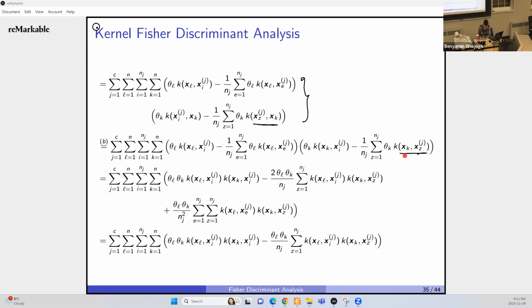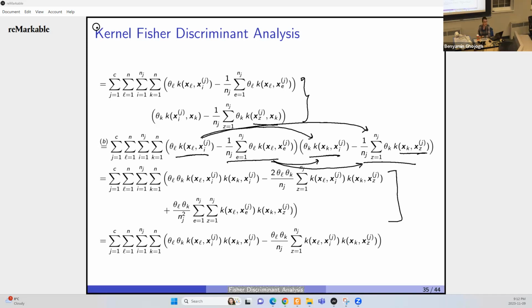It is equivalent to the kernel between XK and XZ, because the kernel function is symmetric, right? So this is this, and then what do I do? Give me a second to remember. Okay, I'm multiplying the terms together. So I have these 4 terms. This times this times this times this times this. I will have 4 terms, right? It gives me this. So far clear?